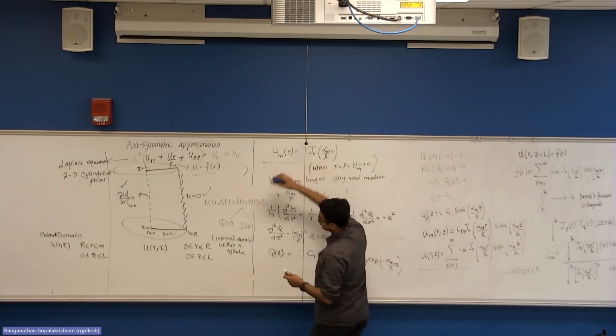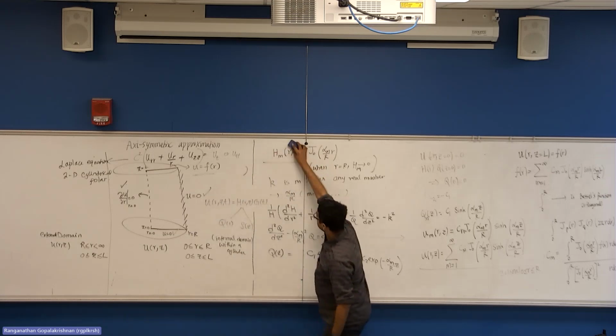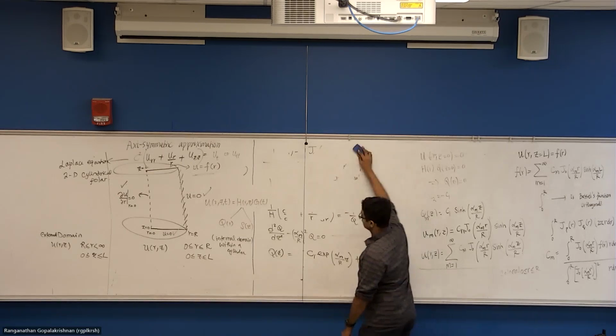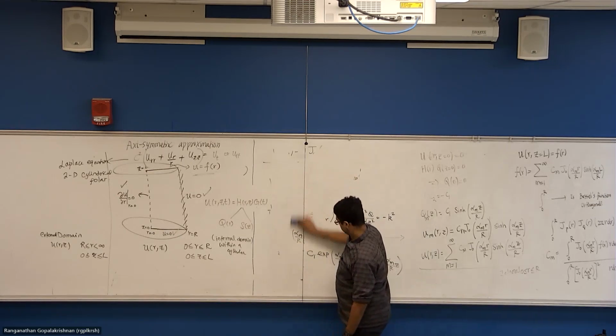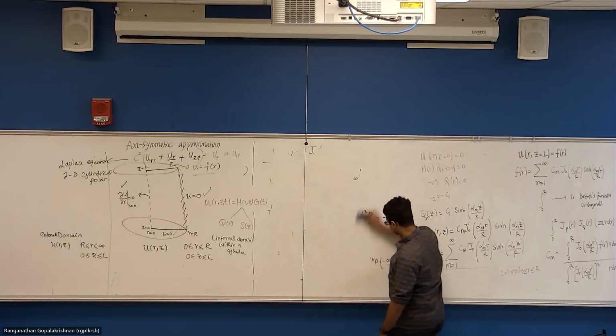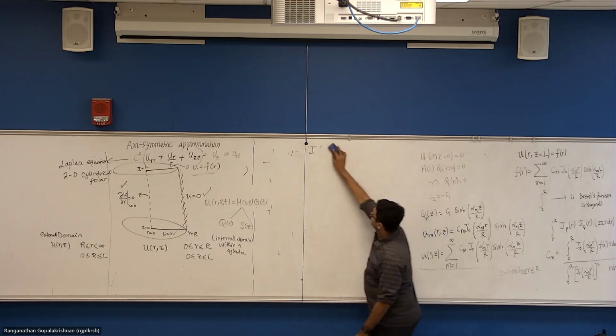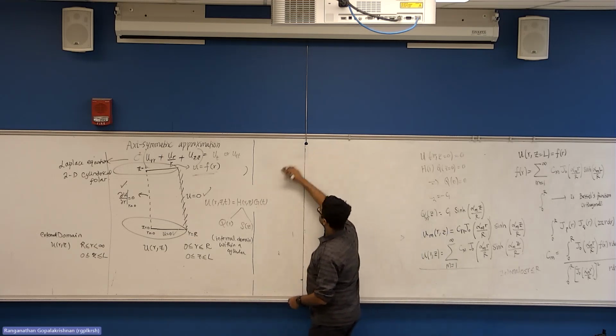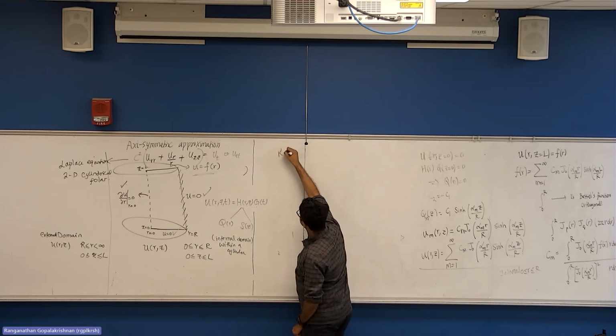So, coming back to this problem, now I want to get the solution in the external domain. Can you define the external domain? So the external domain would be R less than R less than infinity.